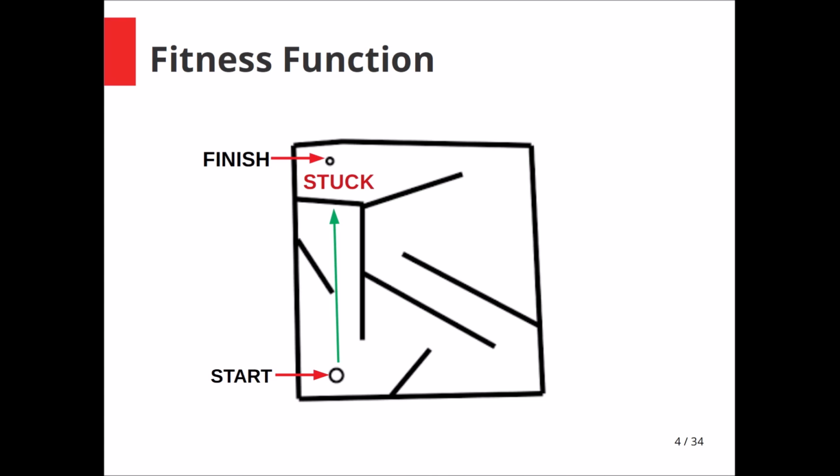The search promotes solutions that are described by the green arrow. However, in this situation, we get very close to the finish location but get stuck because the search cannot observe that there is an obstacle and we need to find a different path through the maze.